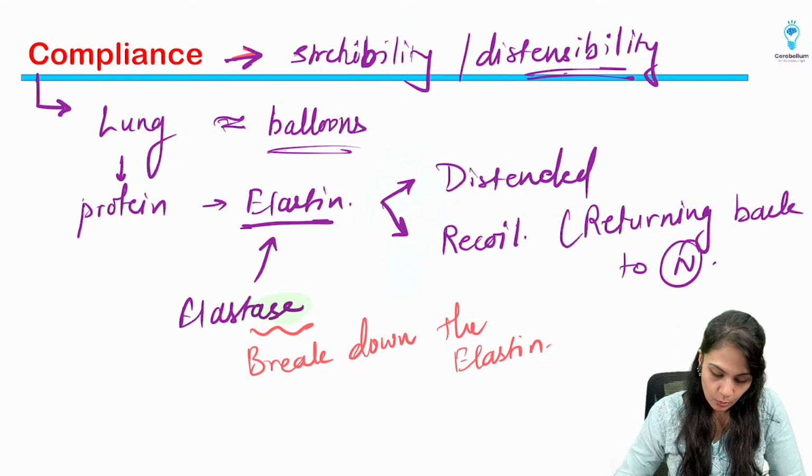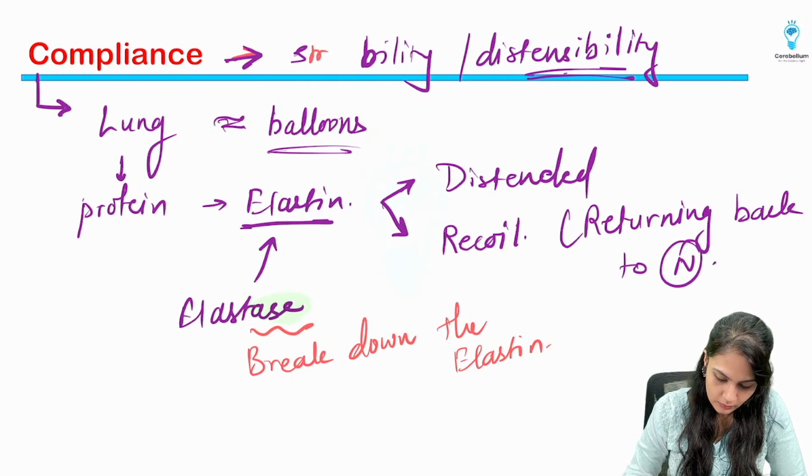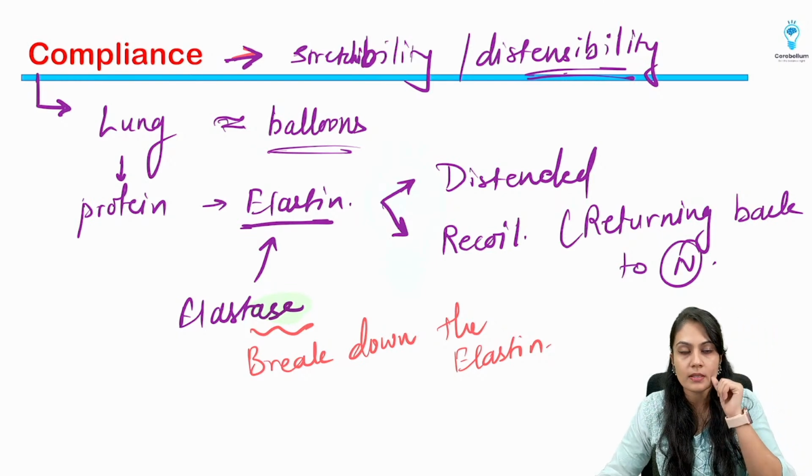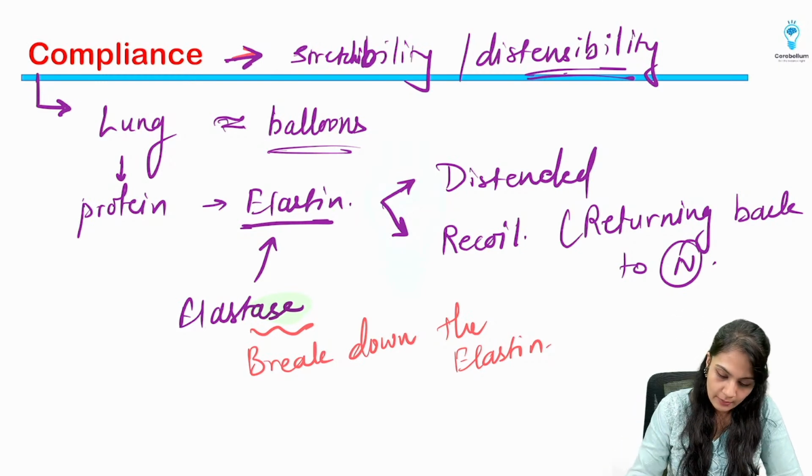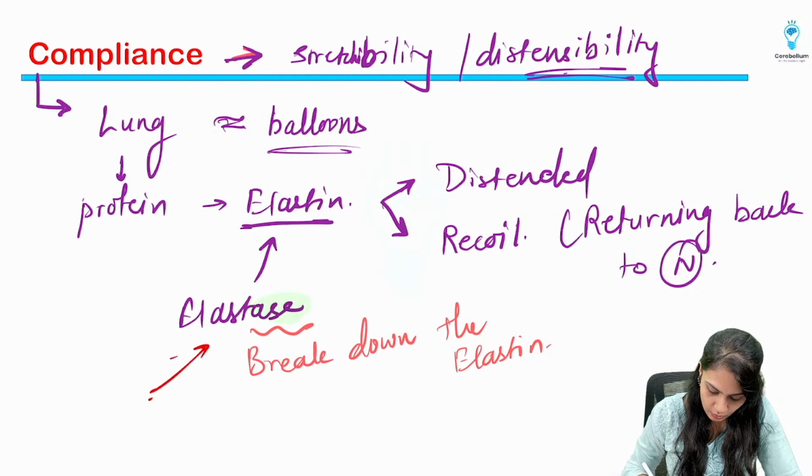So what we can do over here is that we can put a regulator which can inhibit this also. What is that? Alpha-1 antitrypsin.